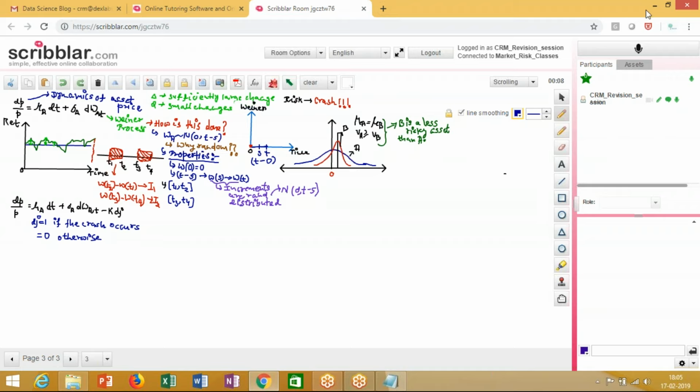So this dummy that I have introduced over here is called the crash dummy, because this will give me an idea as to whether a crash has happened or not. So this is precisely the crash dummy.